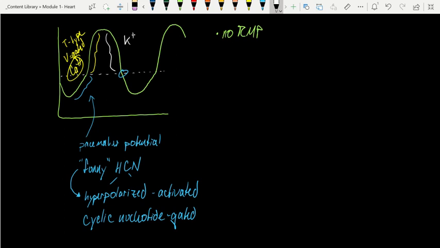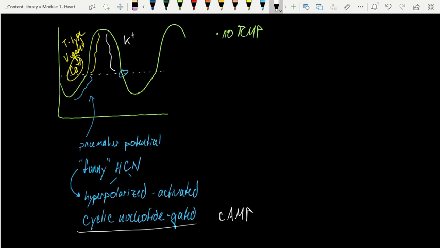So now that we kind of have the understanding of the ions that work here, I want to come back to this cyclic nucleotide gated business. The cyclic nucleotide that we're interested in especially is cyclic AMP. And you might recall from G protein coupled receptor signaling, in a fight or flight response, what happens to the heart?